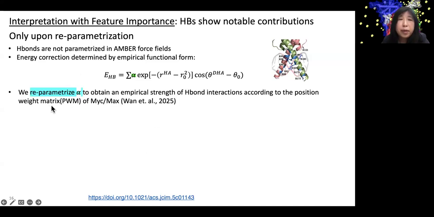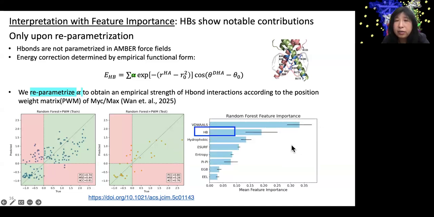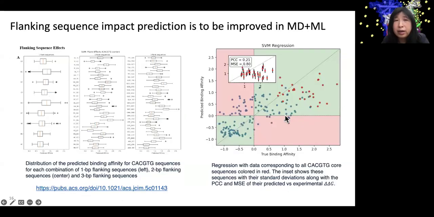When we reparameterize by taking the prediction weight matrix, we definitely improve the regression further, and can tell that hydrogen bonds do play an important role, as with other components like van der Waals and hydrophobic, in detecting protein specificity on DNA.